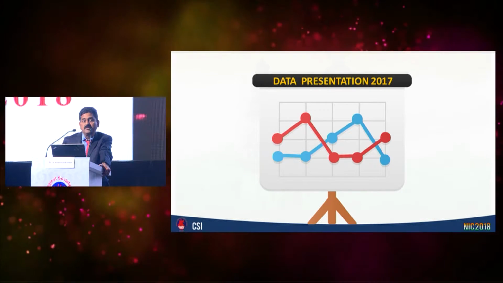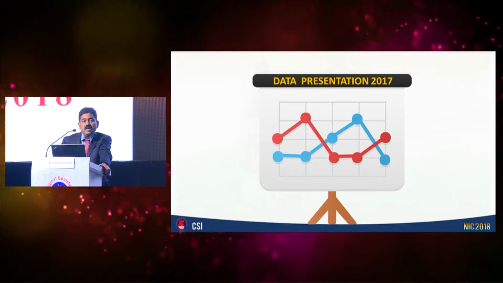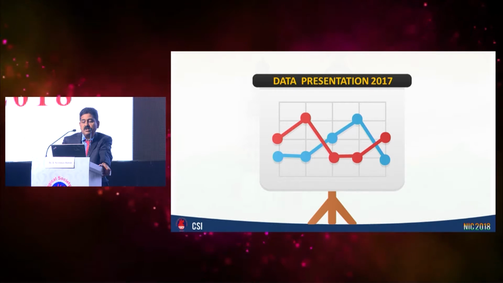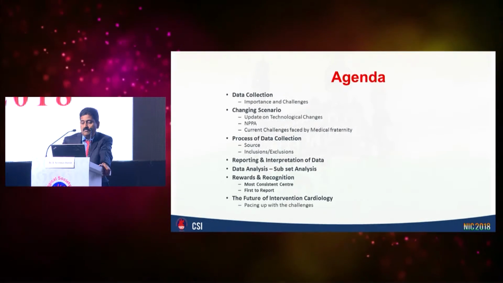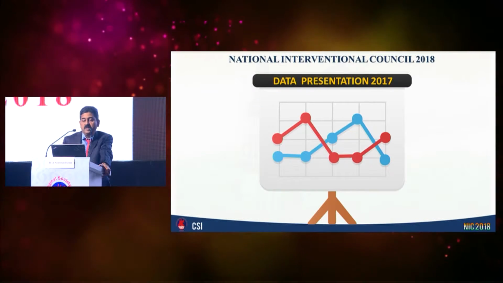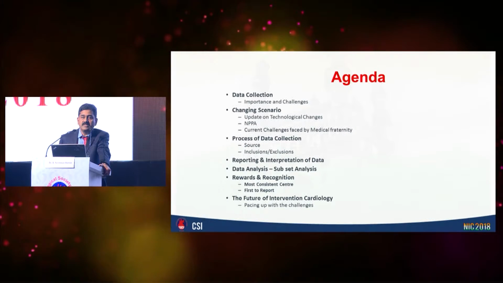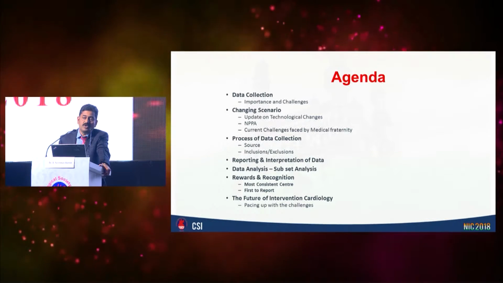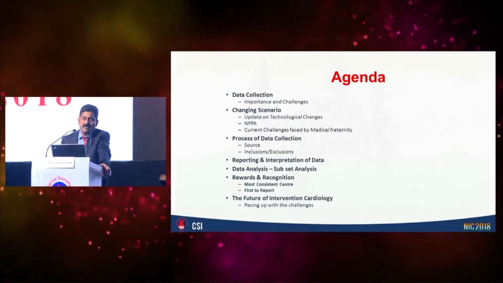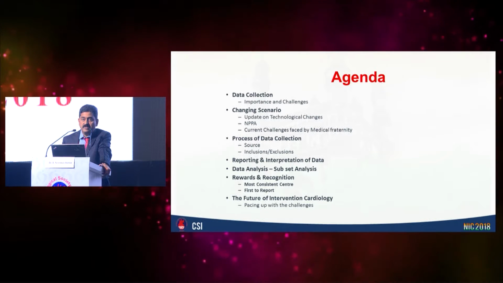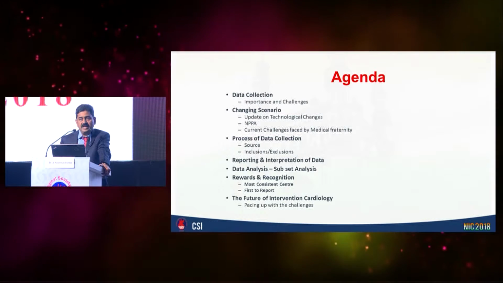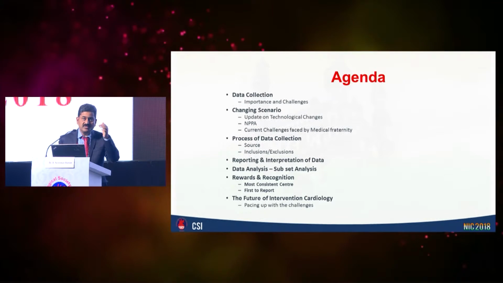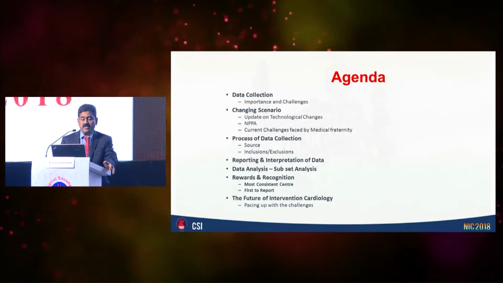Coming to today's data presentation, though it looks easy, it is a long, challenging process to get to this data. So what I would do in the coming 15-20 minutes is briefly tell you how this data process has happened, what the challenges are in doing it, and the message is basically why we are all doing it: to analyze and to see how best we can improve further in future.